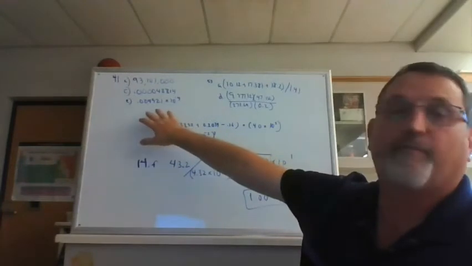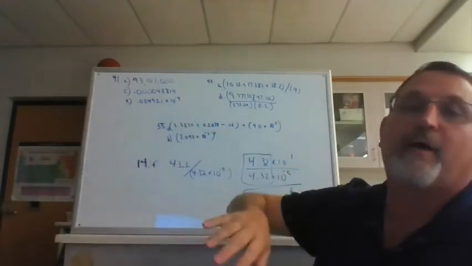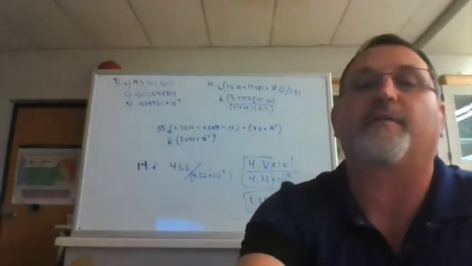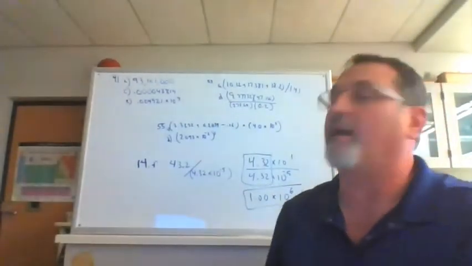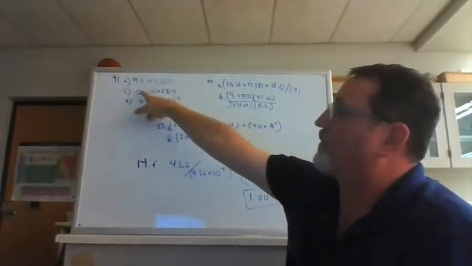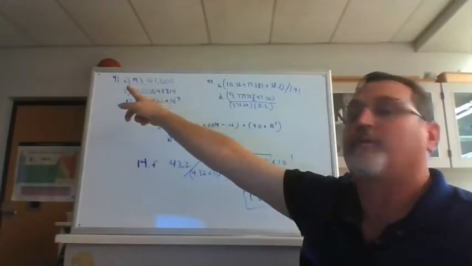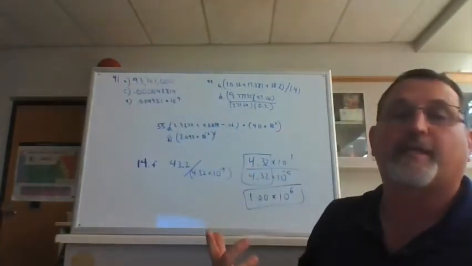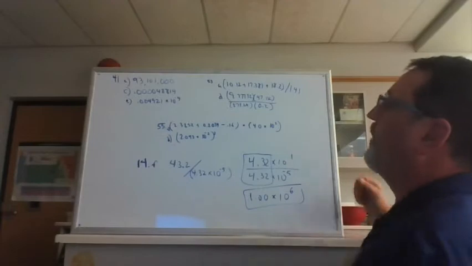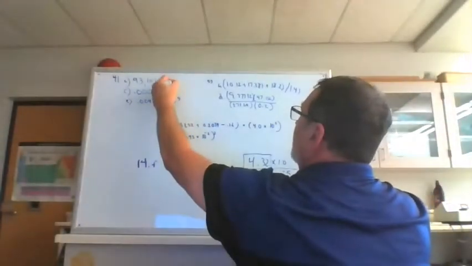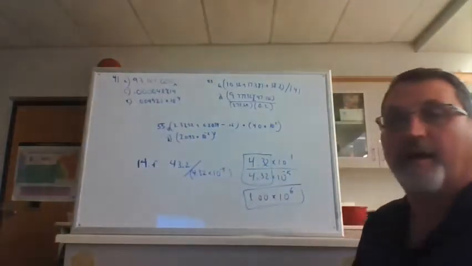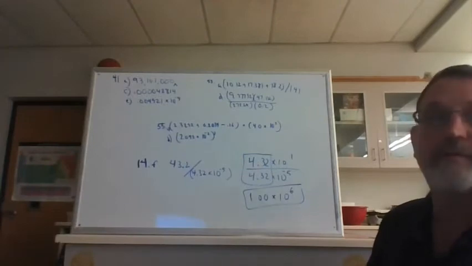So question number 41 is just about scientific notation. And the idea is I'm supposed to turn this into proper scientific notation. Notice there's no decimal up there, so I pretend that there's a decimal at the end, 93,101,000.